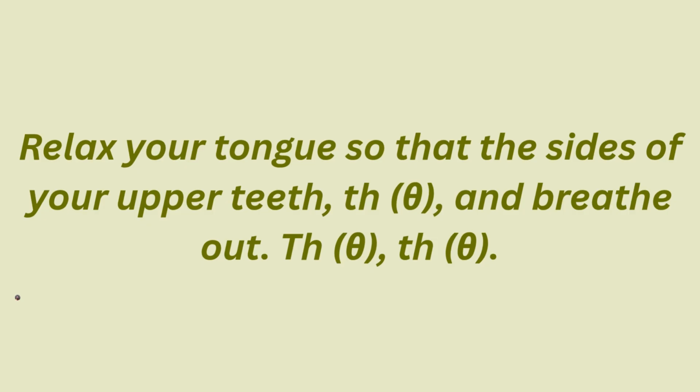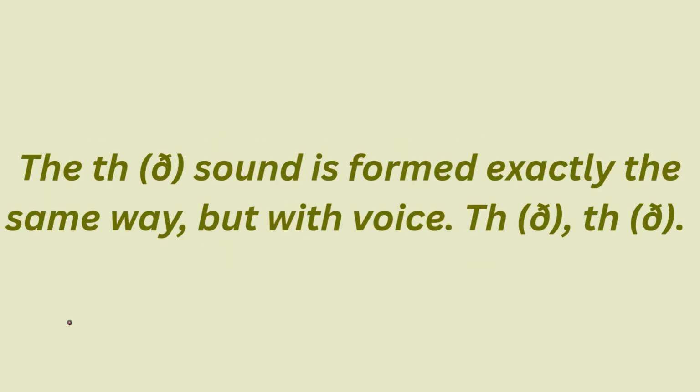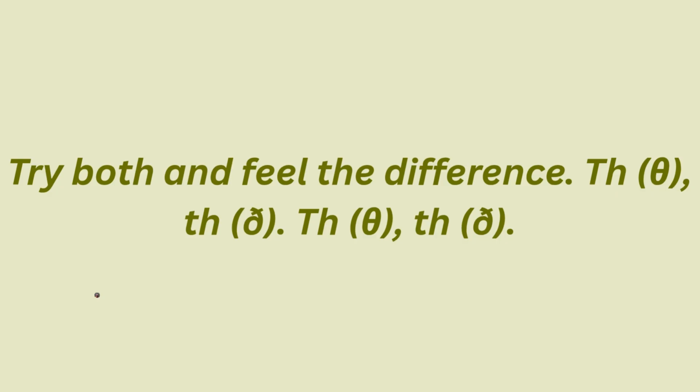Relax your tongue so that the sides of your upper teeth, and breathe out. The v sound is formed exactly the same way, but with voice. V, v. Try both and feel the difference.